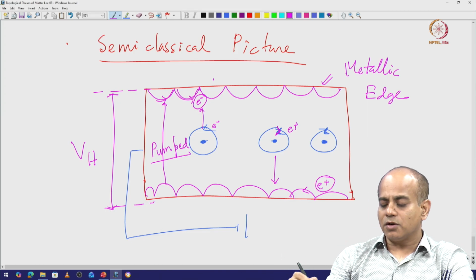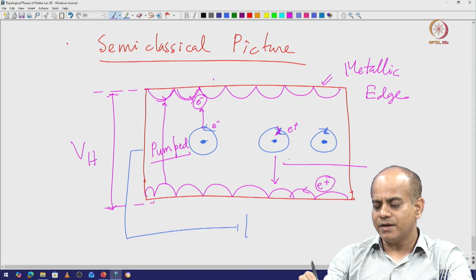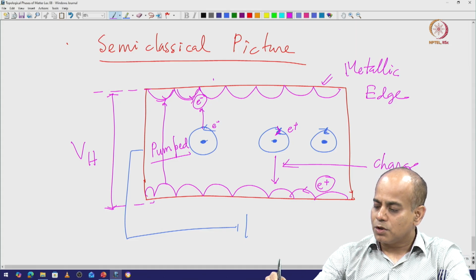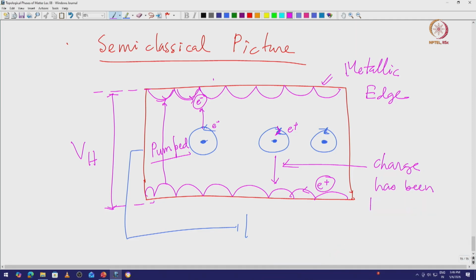Okay. So, the cyclotron orbit has been drifted, or charge has been pumped to the edge by the electric field, all right.